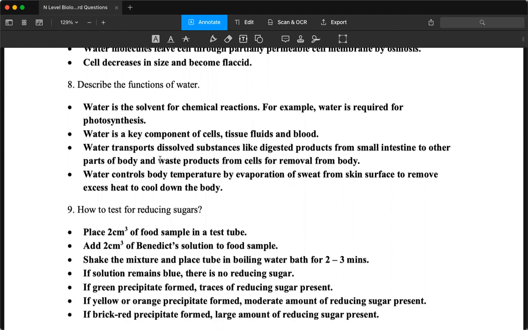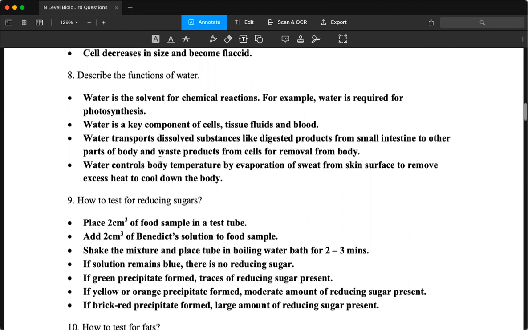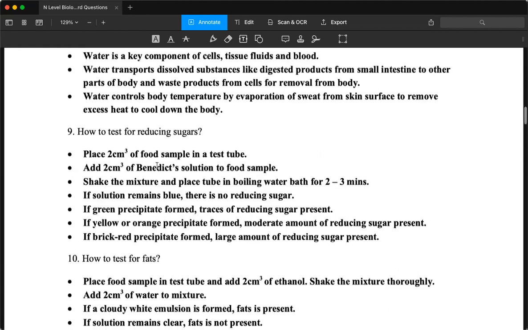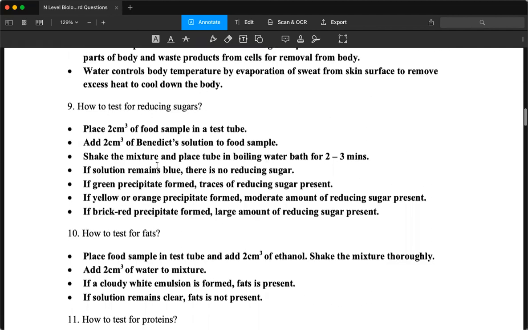Water transports dissolved substances, for example digested products from the small intestine to other parts of the body, or waste products from cells to be removed from the body. Number 4, water controls the body temperature through evaporation of sweat to remove excess heat, or remove latent heat to cool down the body.